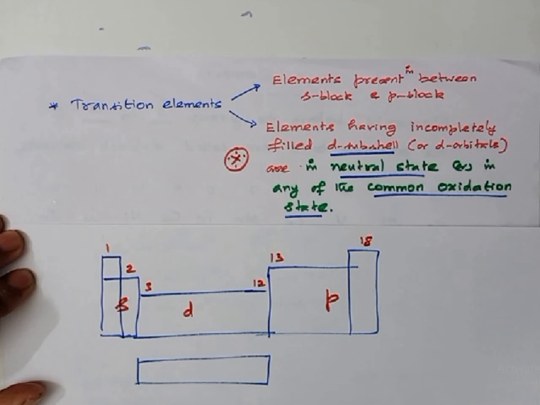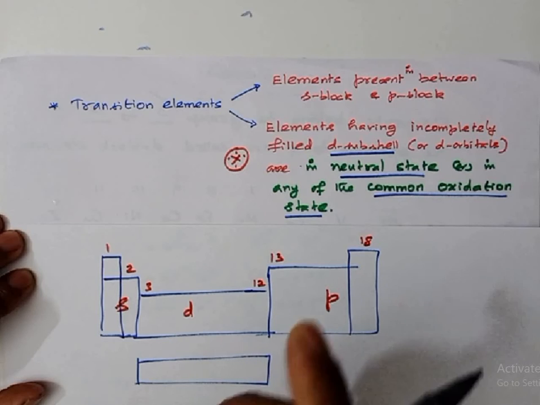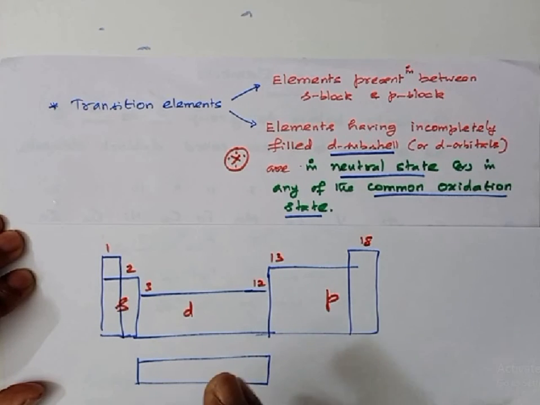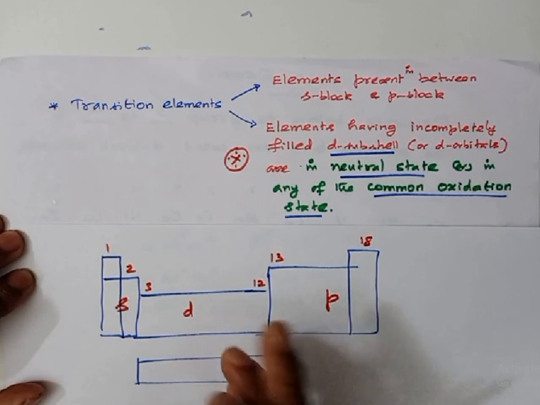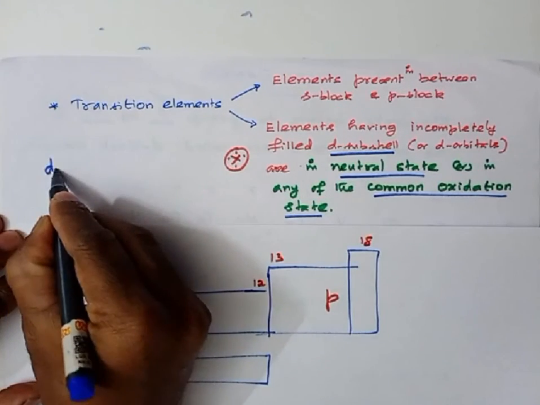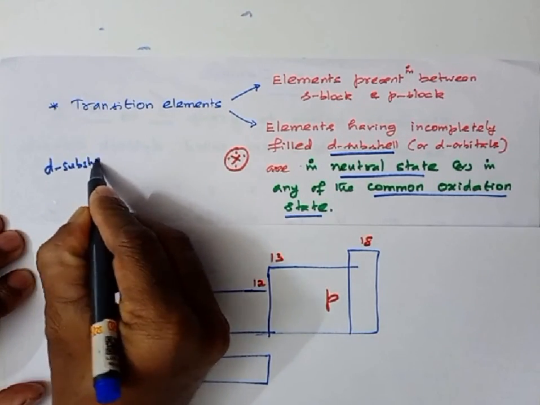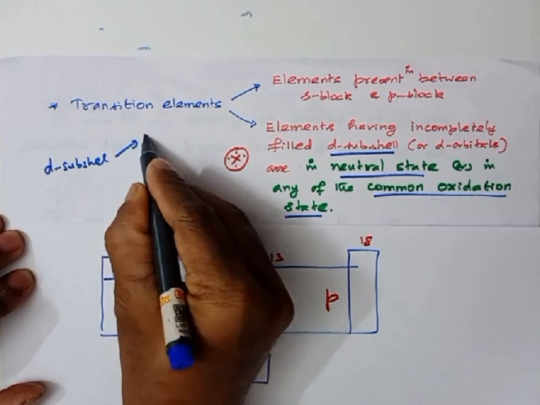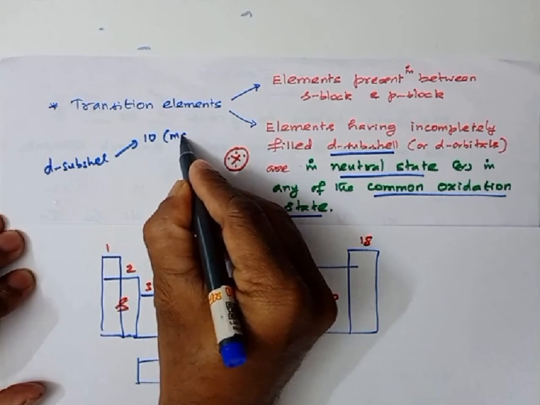Students, observe carefully. You take any element and see its configuration. If the d subshell is incompletely filled, you know very well, a d subshell can accommodate a maximum of 10 electrons.